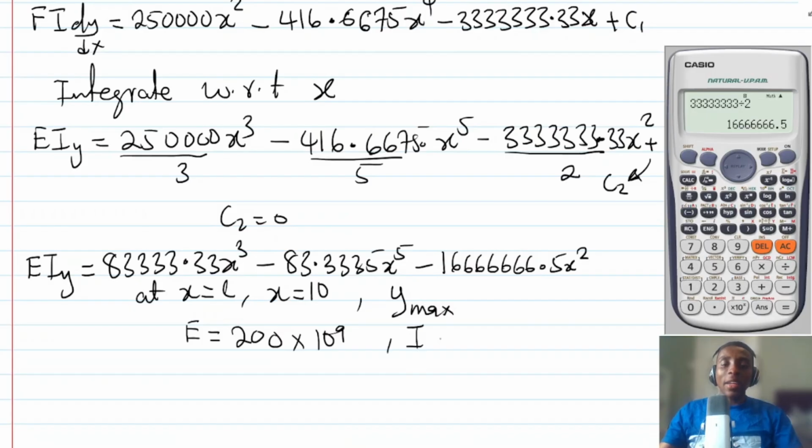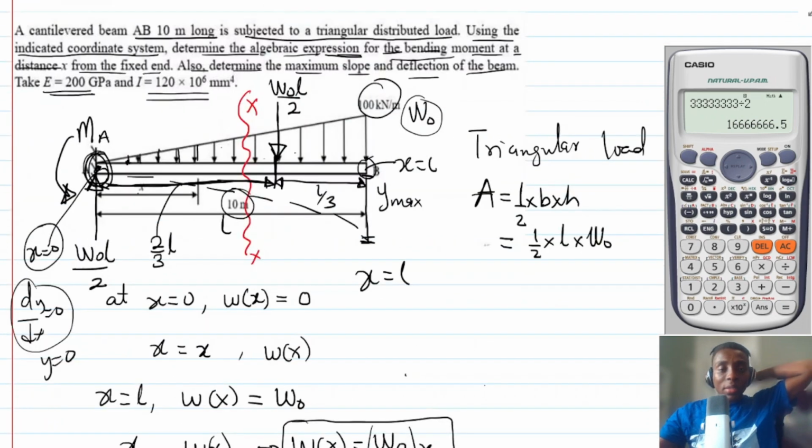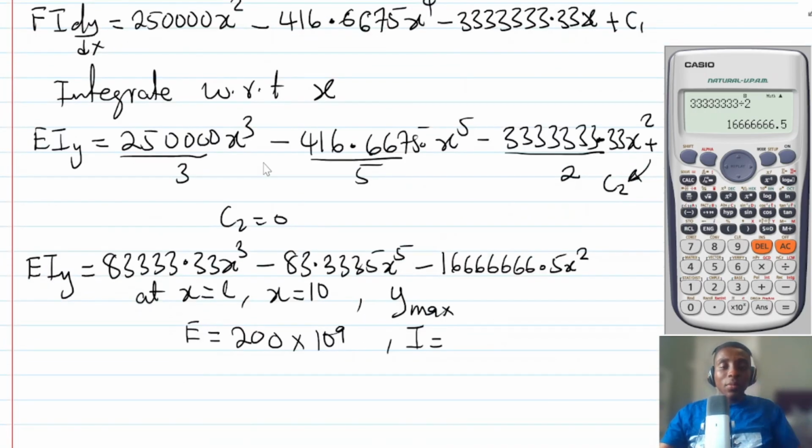And the I is 120 times 10 to the power 6 times 10 to the power minus 3 to the power 4, because of millimeters to the power 4.